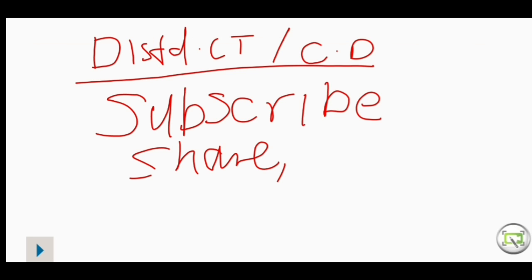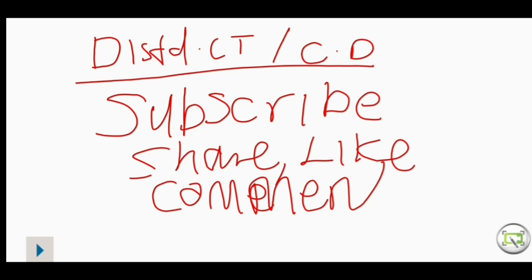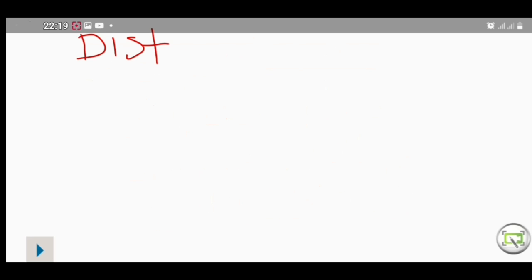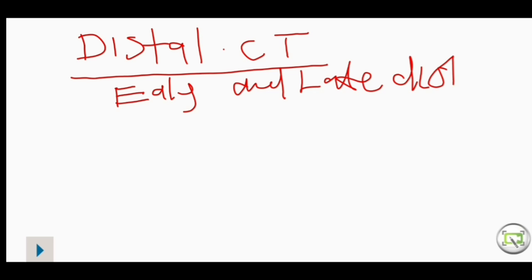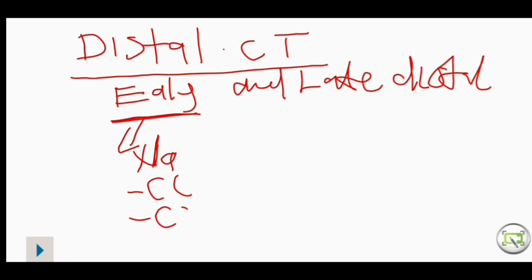So let's now see what is being reabsorbed. The distal convoluted tubule is divided into two sections: the early distal convoluted tubule and the late distal convoluted tubule. In the early distal convoluted tubule, what is being reabsorbed are sodium, chloride, and calcium.